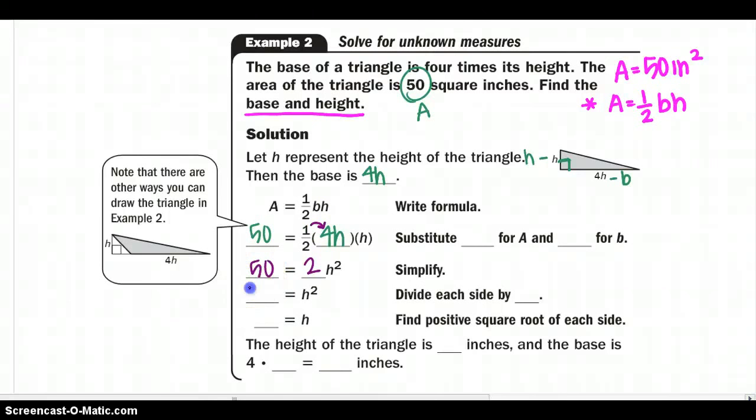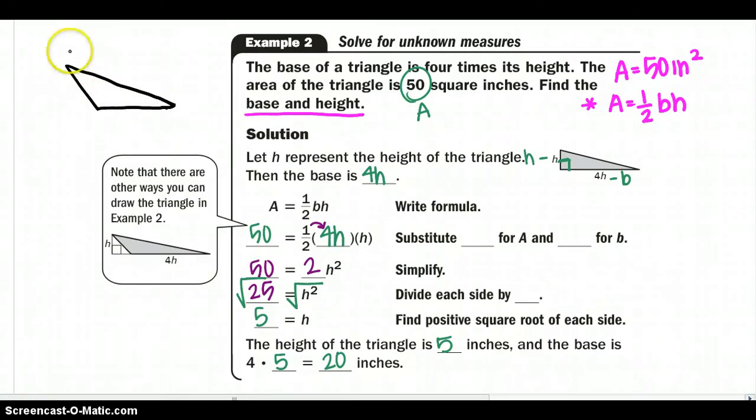Divide by 2, I'll get 25 equals h squared, and then square root both sides to solve for h, and my h would be 5. So my height will be 5 inches, and the base is 4 times h, which is 4 times 5, which would be 20 inches.